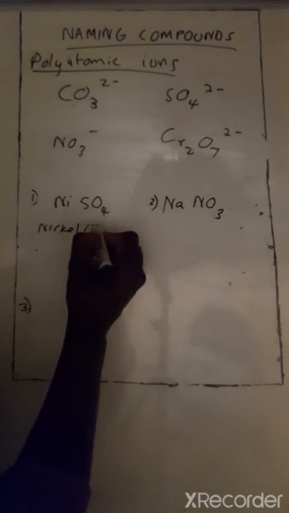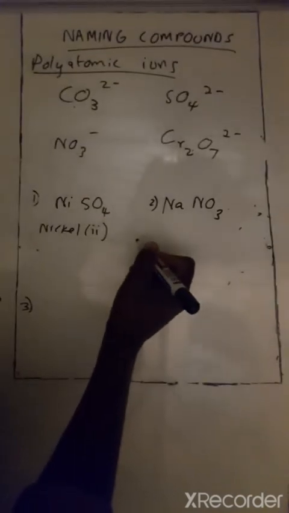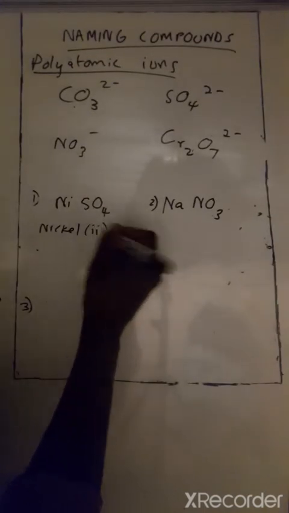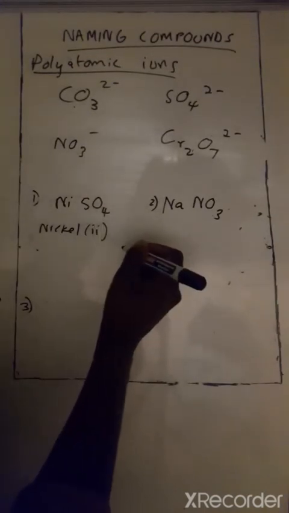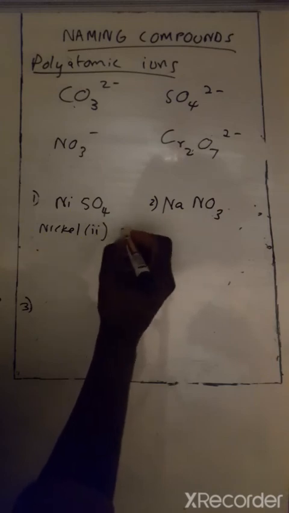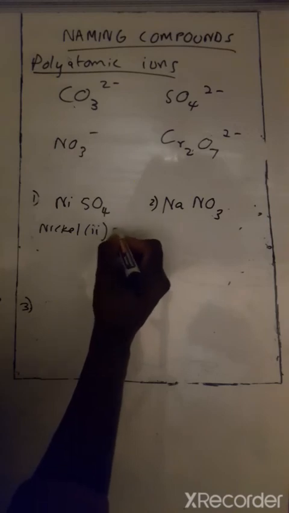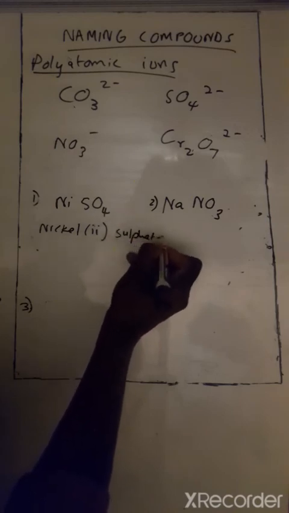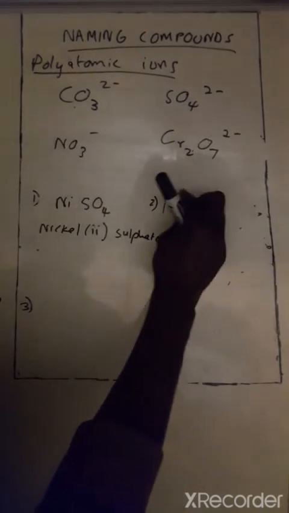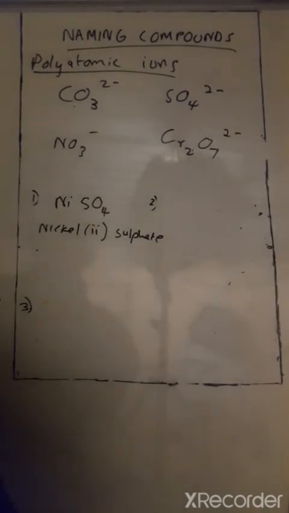For transition metals, we use Roman numerals inside brackets to identify the correct transition metal with its correct oxidation number, if it's nickel 2 and so forth.